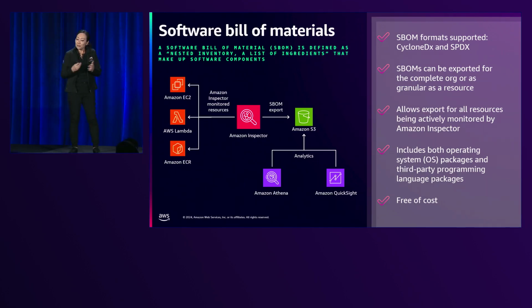You can also integrate that with scanning for your operating systems, as well as additional programming languages. And you can do all this for free. And best of all, you can do some further analytics with native analytics services like Amazon Athena, which is our standard SQL querying tool, and Amazon QuickSight as well. So if you want some visualization around your findings, you can do that.